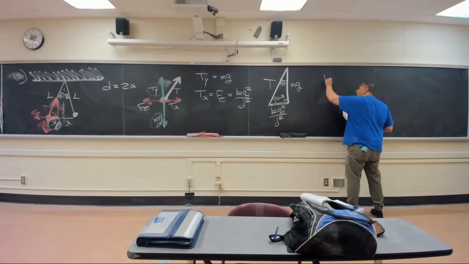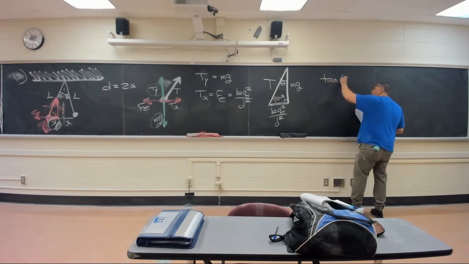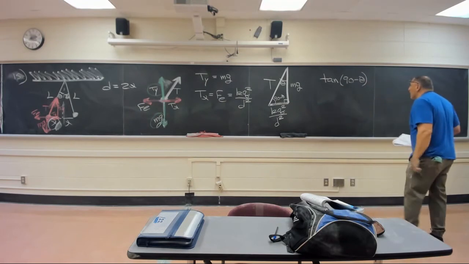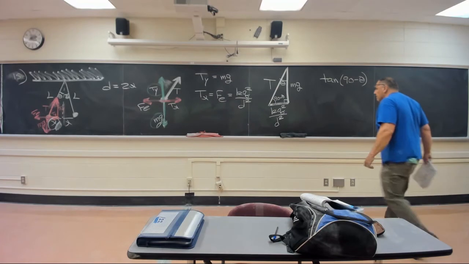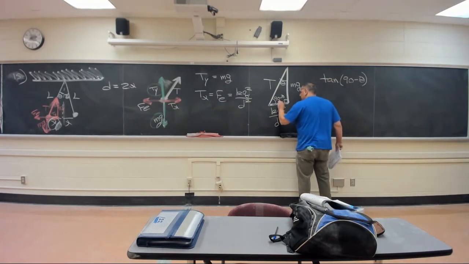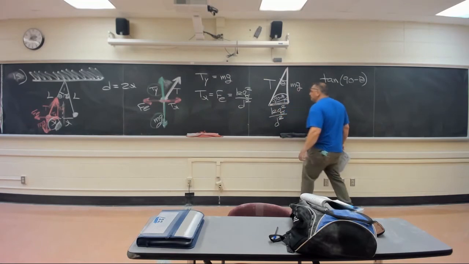Let's say this. The tangent of 90 minus theta is the rise over the run.